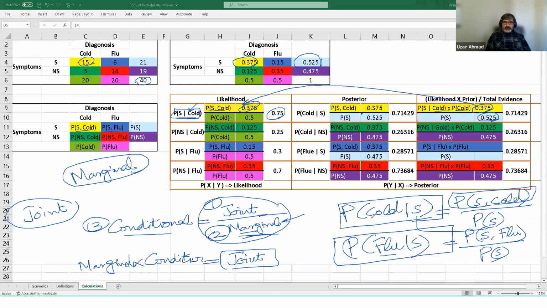If probability of cold given sneezing is greater than probability of flu given sneezing, we will say the person is having cold, and vice versa. So classification done. Now let's name these things. Do you have any questions so far?